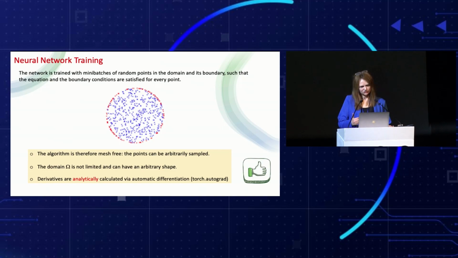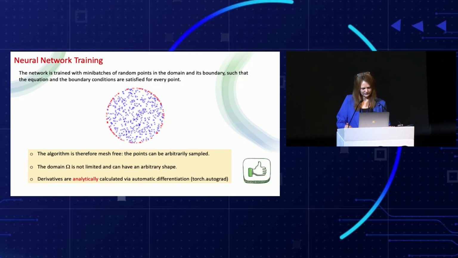The advantages of this approach are threefold. First, the algorithm is mesh-free, so we don't need to discretize, we don't need meshes. The points can be arbitrarily sampled, and we don't have any limitation on the number of points that we throw inside the domain. Secondly, the domain is not limited to standard shapes like circle, rectangle, ellipse, and so on. It can be arbitrary, and this is a very, very important advantage.